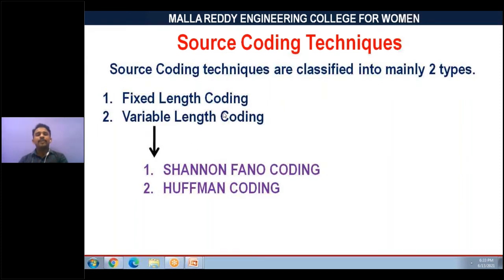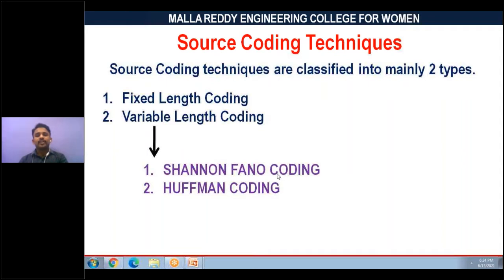In a comparison between fixed length coding and variable length coding, we can achieve very good results in terms of efficiency, in terms of the number of bits conveyed for a particular symbol. We get good results only with variable length coding. That's why many applications use variable length coding. In variable length coding, we have two main algorithms.